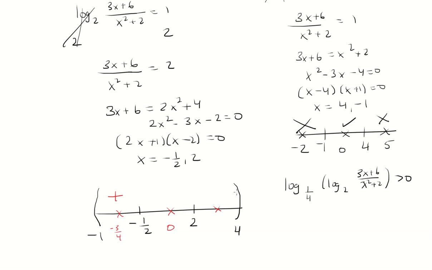So this is negative. And then between 2 and 4, plug it in, let's say 3, that is positive, so that works. So then you would say the solution is between -1 and -1/2 union 2 to 4. You want to make sure you don't include -1/2 and 2 or -1 and 4. And so this is the final answer.